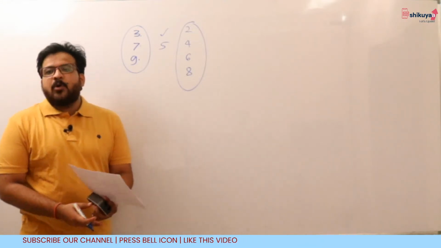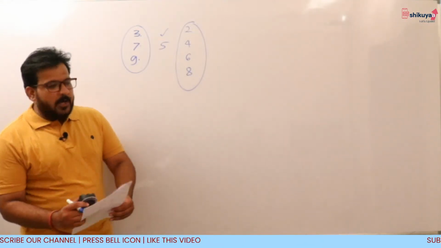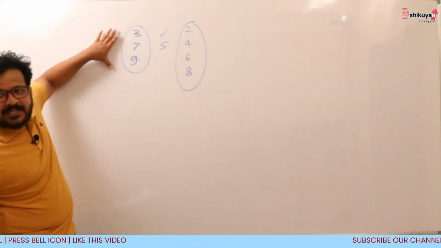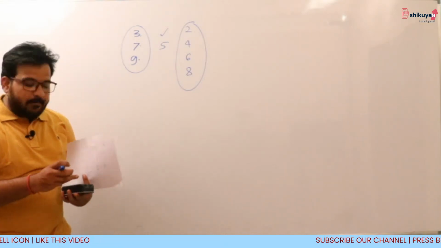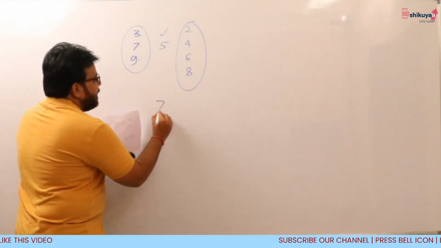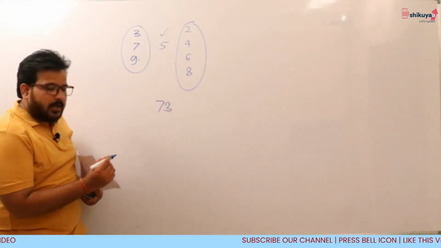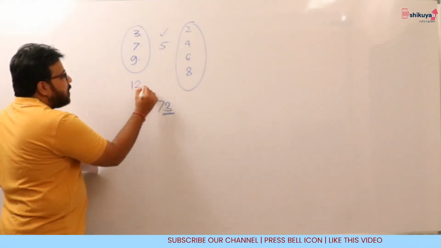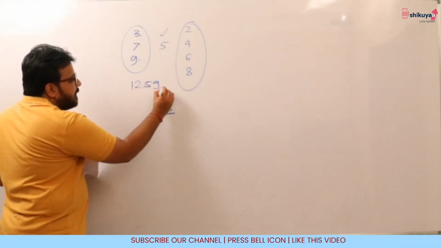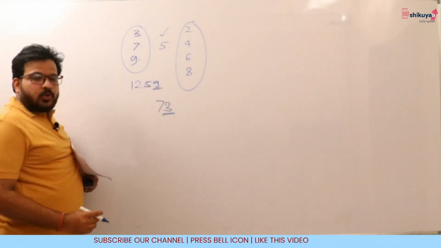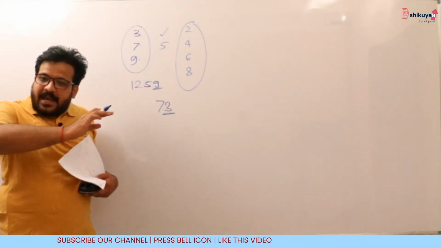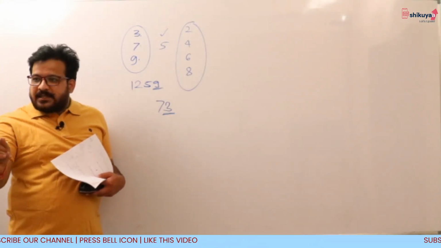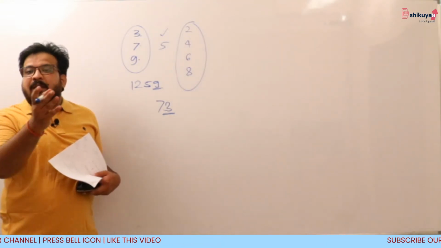I'm going to explain something for this particular group, that is numbers which have last digits as 3, 7, 9. For example, if I write a number on the board, 73, this number is ending in 3. Let me write another number, 1259. This number is ending in 9. If you take any random number in this universe, that number will end in a digit between 0 to 9.